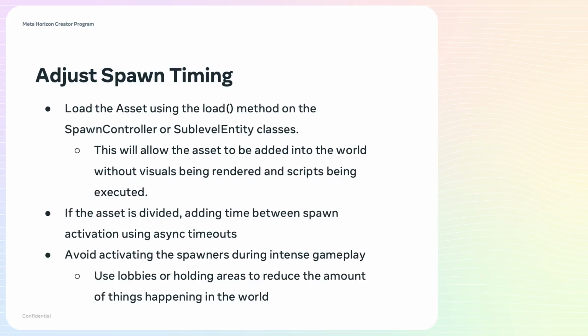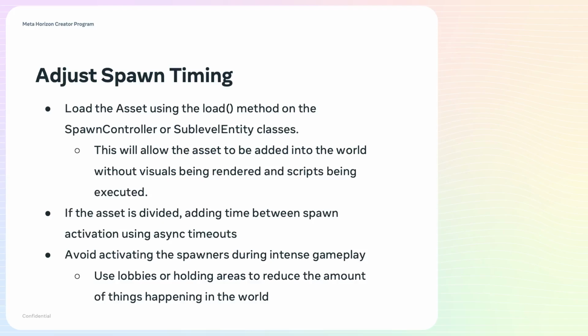The first point I mentioned in the spawn timing is that you want to use the load method. You want to load the asset when using a spawn controller or a sub-level entity, because it allows the asset to be added into the world without the visuals being rendered or the scripts being executed. The spawning classes have this function that is made to try to avoid performance impact already, right?